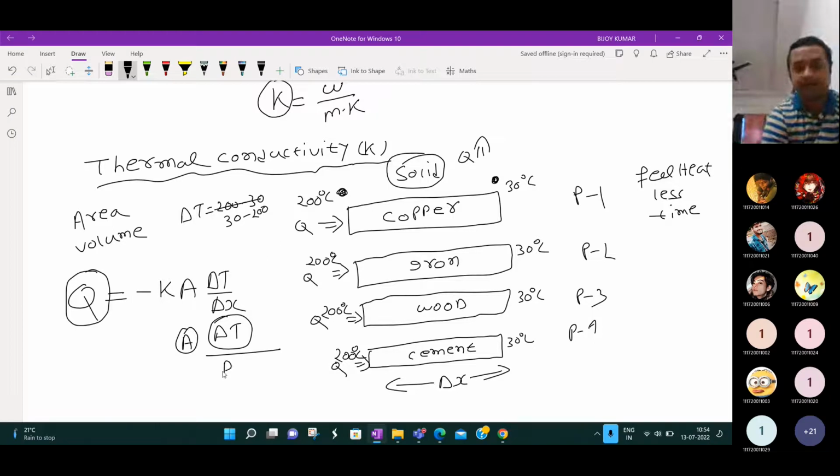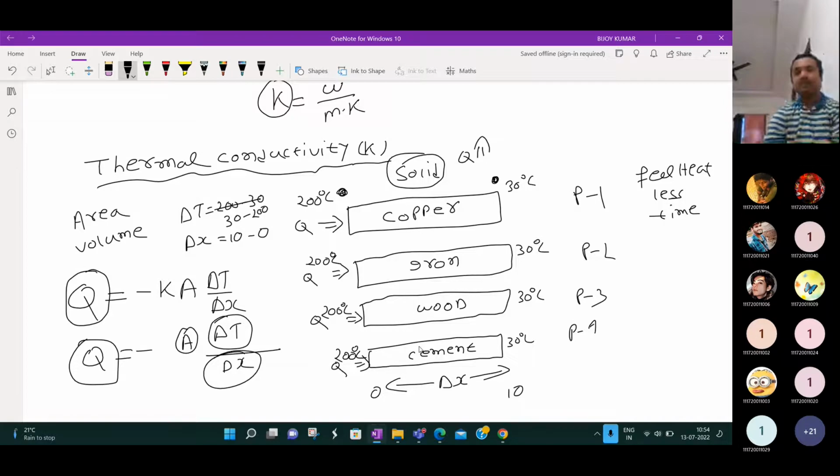What is delta X? Delta X is the length. Suppose it is 0 centimeter to 10 centimeter, then delta X will be 10 minus 0. Delta X is also the same. In the formula of Q, area, delta T, and delta X for all the 4 components are the same.